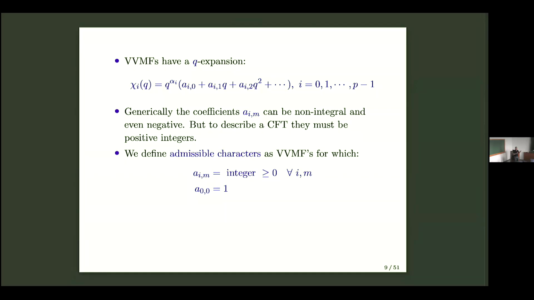And the identity field is unique. That's an axiom of QFT. Therefore, in the identity character, the first term has to be 1. So this number has to be 1 when i is 0. When i is not 0, it can be any integer, since we don't know the theory. So then the statement is that for some choice of integers, the remaining coefficients will be integer. And I'll show you very clear examples where you'll see why this is meaningful.